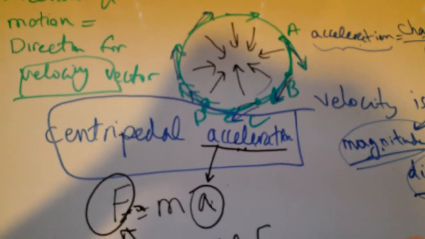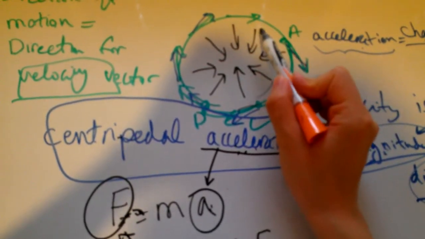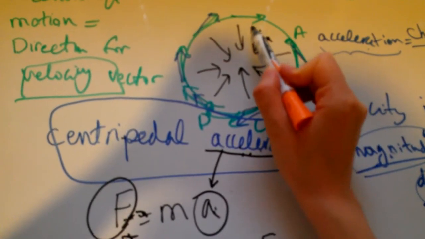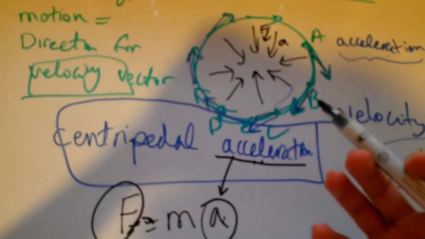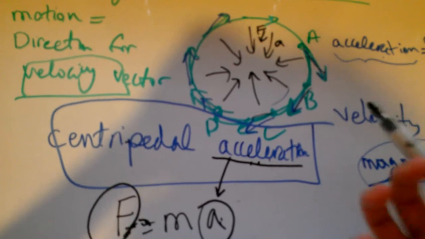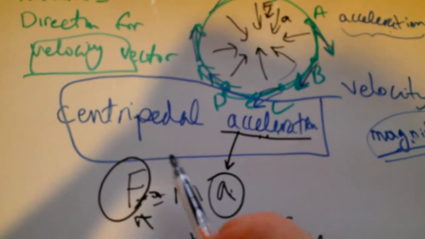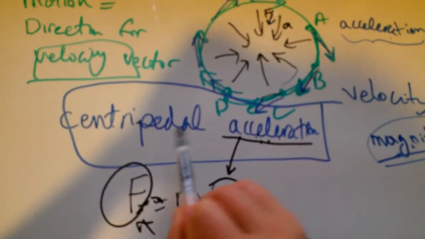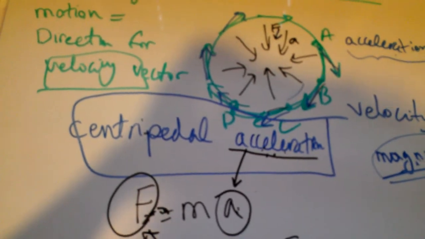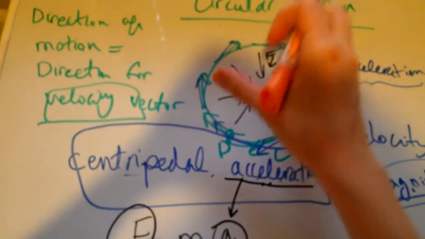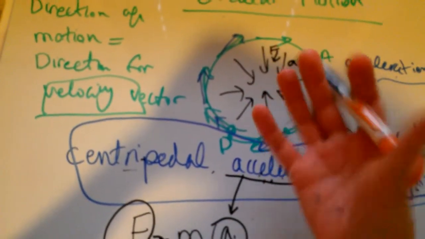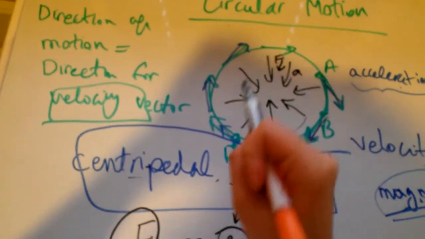And I always told you direction for acceleration and direction for force are both the same direction. They are essentially the same arrow, right? So if acceleration is inward for centripetal acceleration, definitely centripetal force is inward too, towards the center, if you like. It draws the thing towards the center.